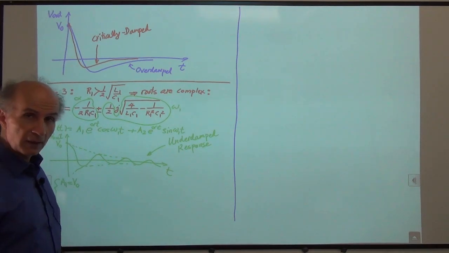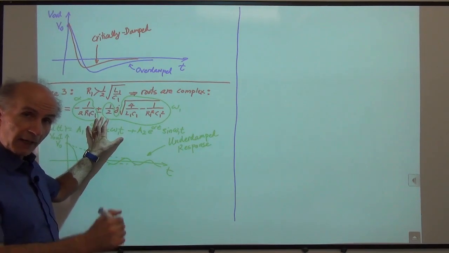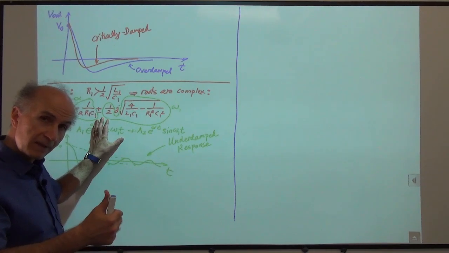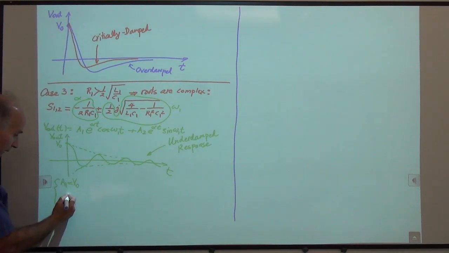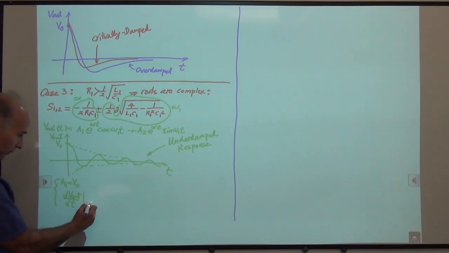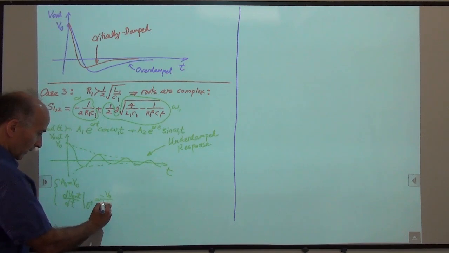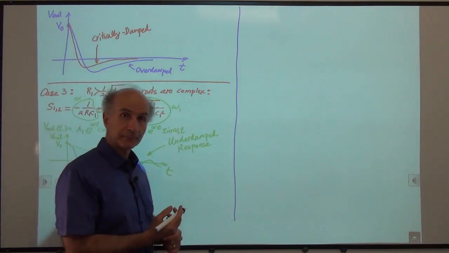That's one condition. The other condition was take the derivative of the output, evaluate it at time 0 plus, and equate that to minus V0 over R1C1. So we have to calculate dV out over dt at time 0 plus, which has to be equal to minus V0 over R1C1, as I derived on the previous page.